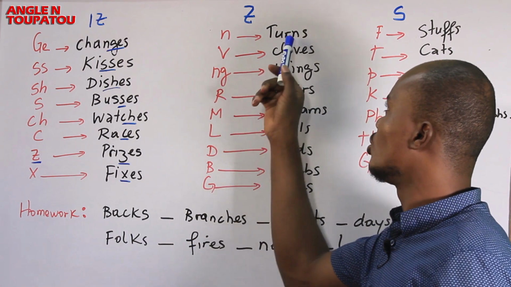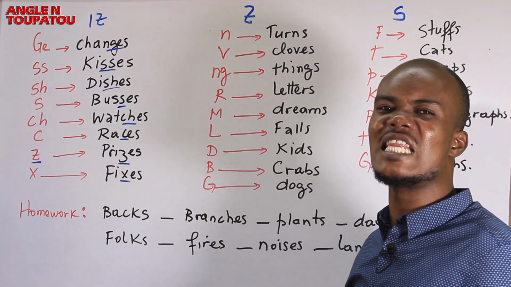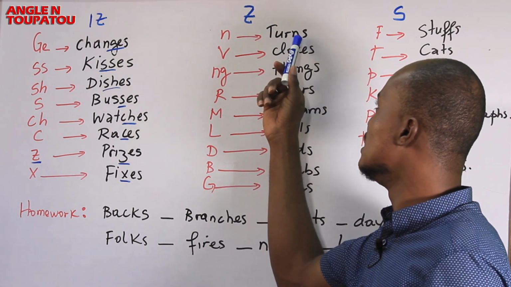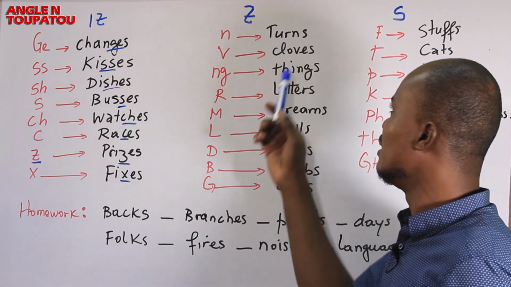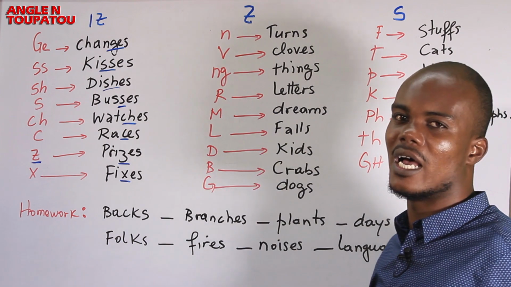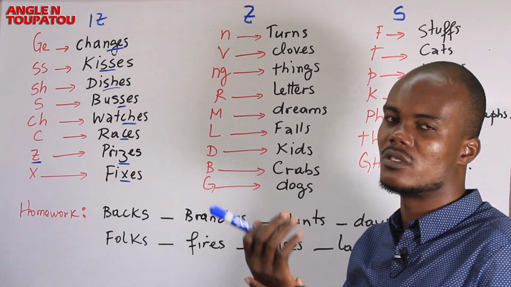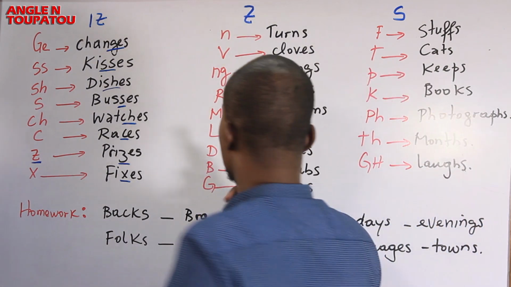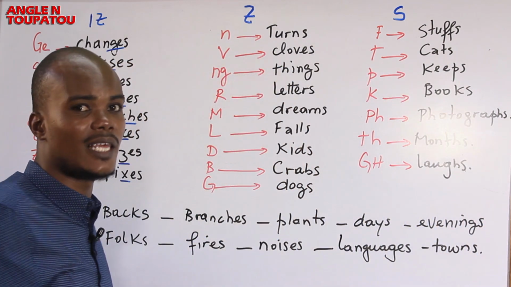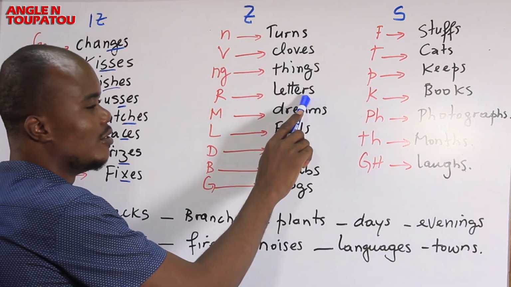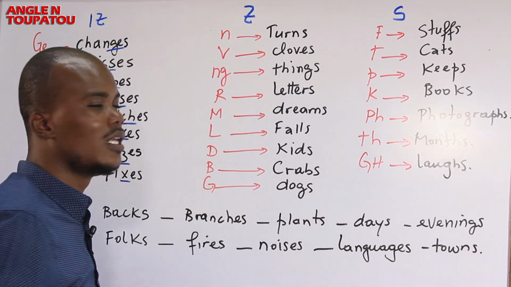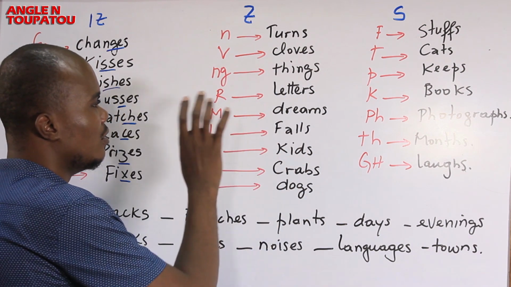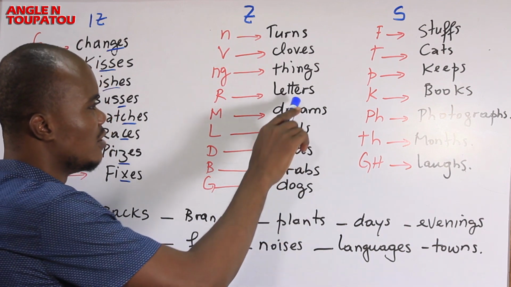Like we say turns, and you say gloves, a pair of gloves. And then you say things. All right? Things. And letters. You hear the sound R before S. You say letters.